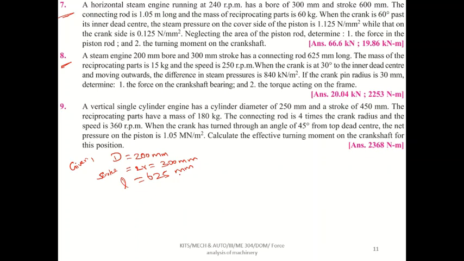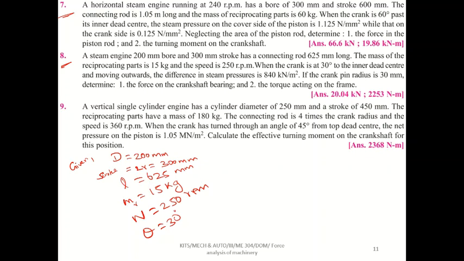Then the mass of the reciprocating parts, MR equal to 15 kg. Then N value is 250 RPM. When the crank is at 30 degrees, theta value is 30 degrees.